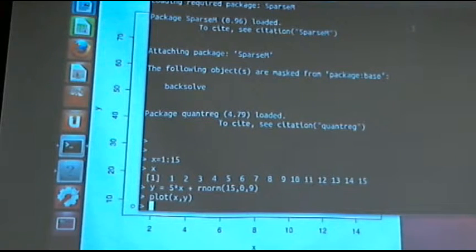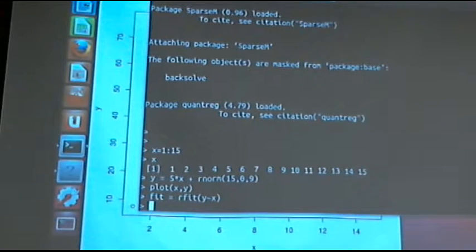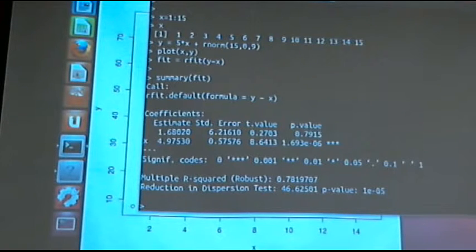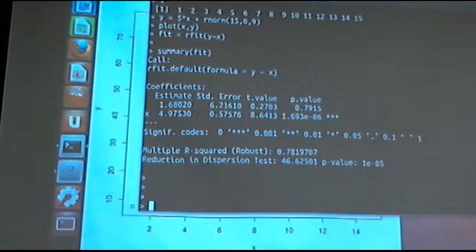You can save the fit, sometimes that helps. And again, you could do this with glm too. There's a summary of the fit.